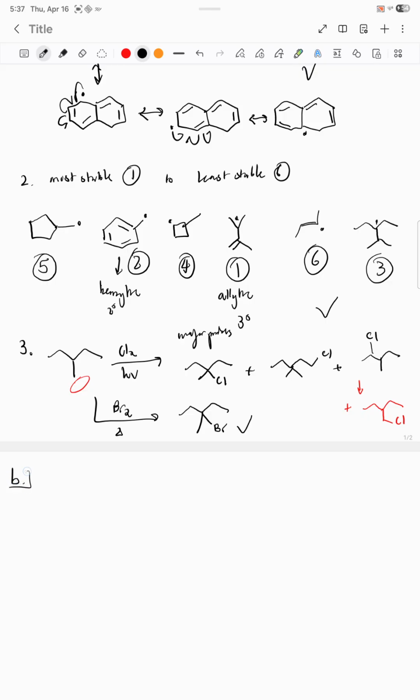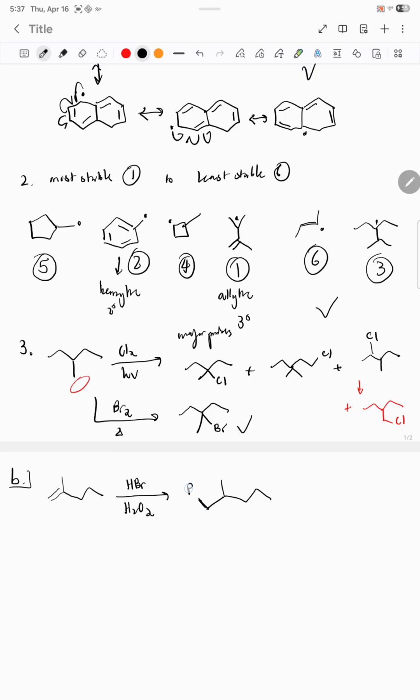Say for part B, say we had this molecule, we reacted under HBr and peroxide. What would happen? Well, if we had to predict the major products, we know under hydrobromination and radical conditions such as light or peroxide, we would get anti-Markovnikov addition of the following.